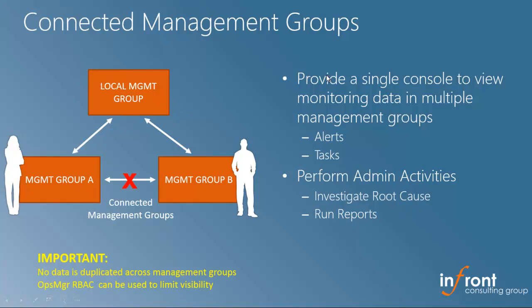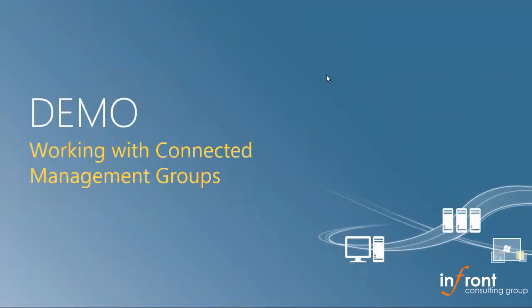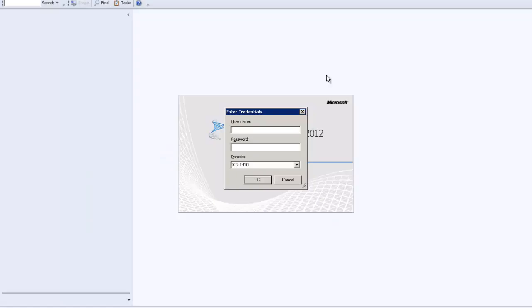We can limit visibility using the role-based access control in Operations Manager. And in fact, if we don't have trust between the environments, we can use pass-through authentication to make this happen in the background. So why don't we jump over into the console, and I'll show you how to set this up. I also want to give you a couple of tips for how to make this a better, more effective solution.